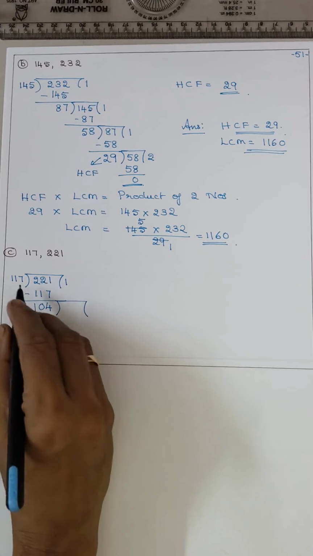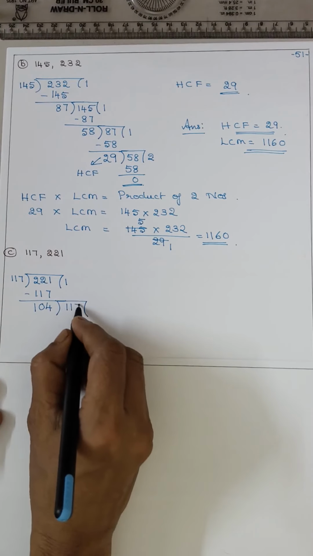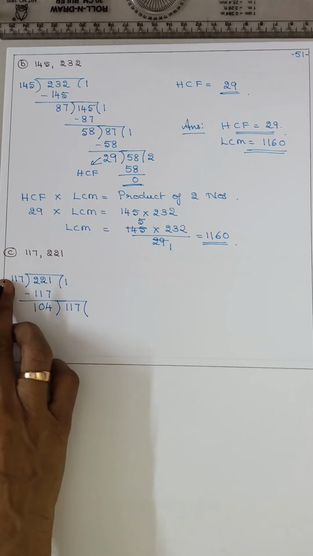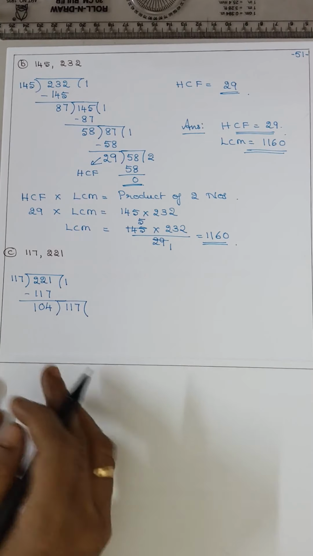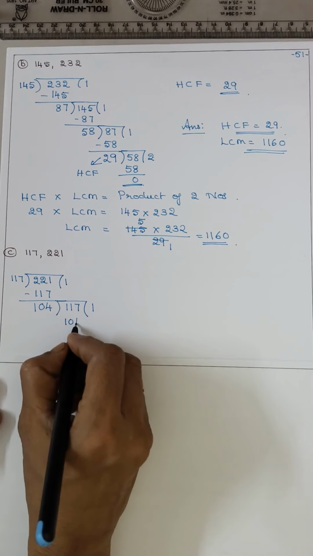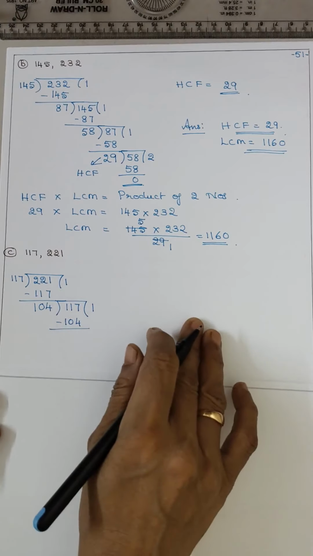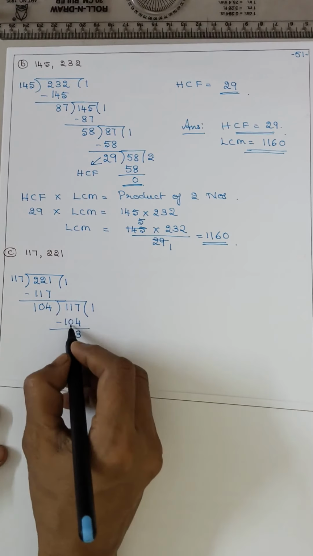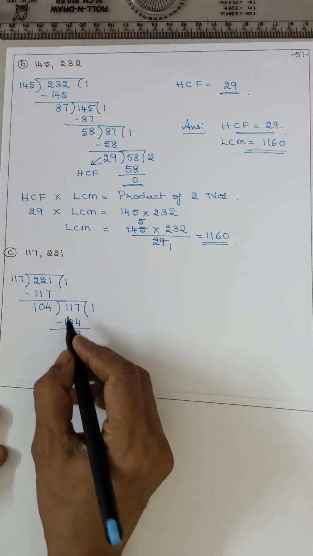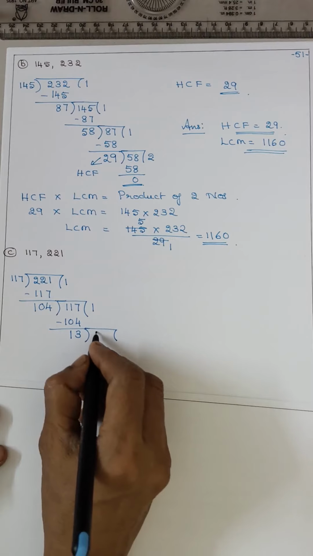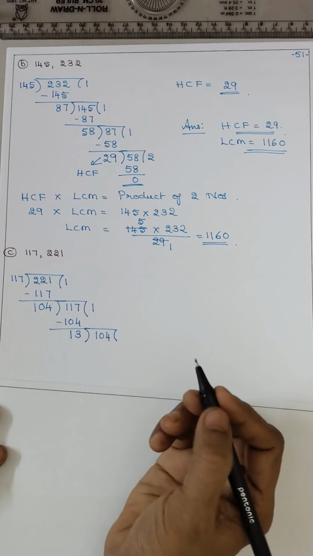Now 117 becomes the dividend, isn't it? So this will go inside as the dividend. Divide again, 1 time 104. Now 7 minus 4 that is 3. 1 minus 0 is 1. 1 minus 1 is 0. Now it is 104.